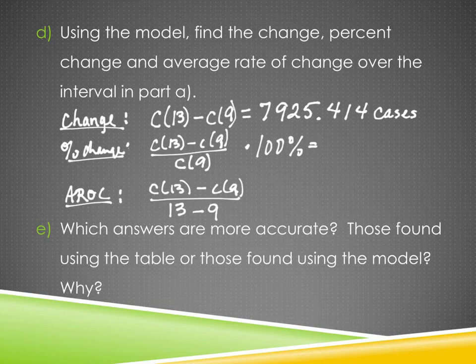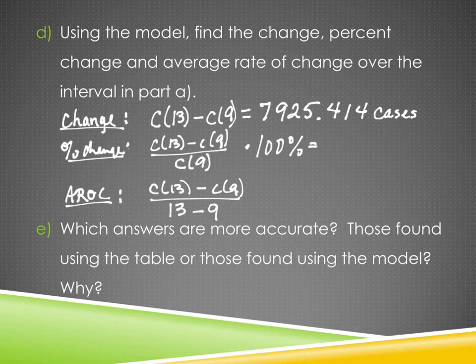I know I don't have my other screen on. Maybe I'll do it real quick so you can see. What's wrong with writing 7,925.414 cases? Can't have a decimal number of cases. You cannot have a decimal number of cases of COVID.